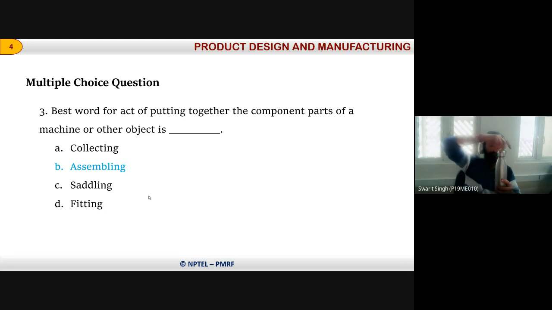During the assembly, we define the tolerance, fit, and clearances between the two components. So this is the task of assembling, a very common term that we use. Putting the components of a machine or other objects together is called assembling.